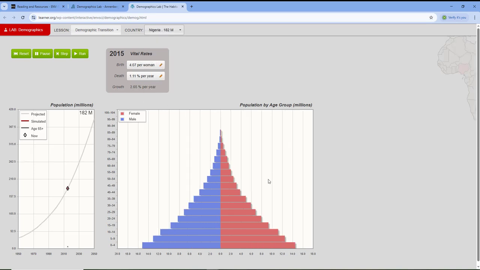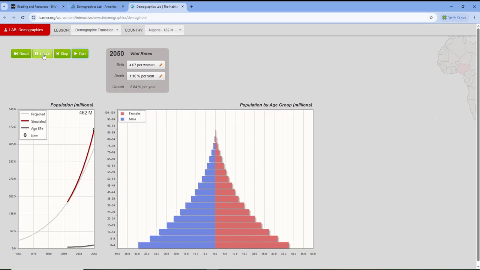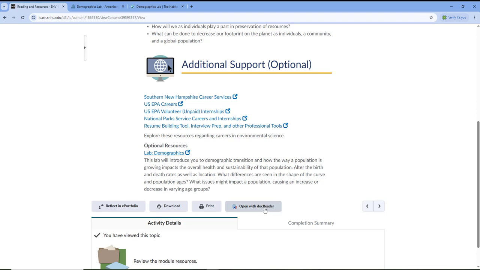Nigeria has a very big growth rate, so it is a very triangular shape. You can see that their population is growing quite extensively. So you can play around with this simulation if you'd like. This is just an optional thing for you.